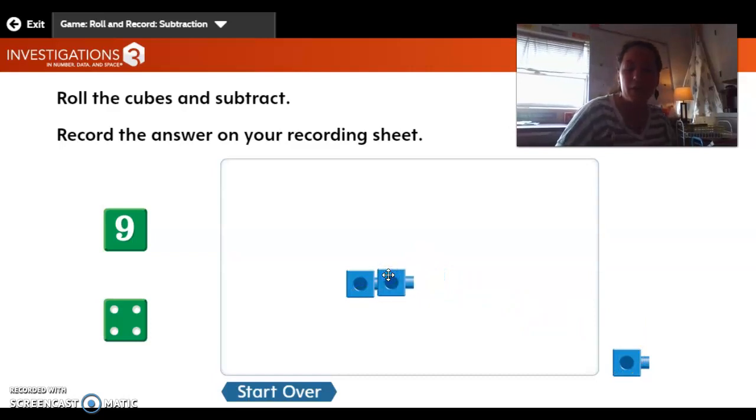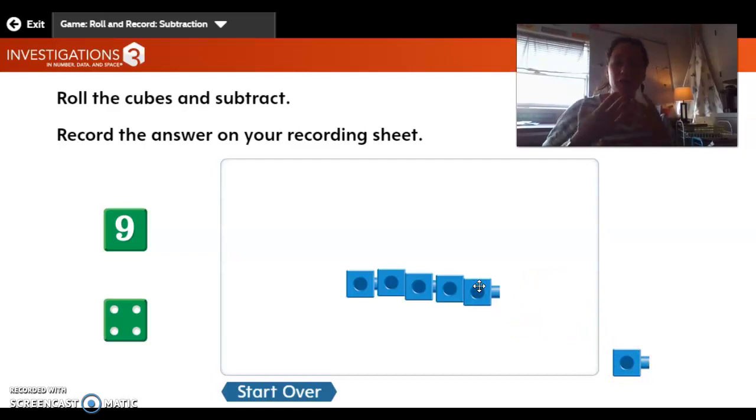You can use the connecting cubes on Savvas, on the game right here, or I'm pretty sure you have some at home. If you don't have any at home, maybe you could go outside and get some rocks. Or maybe you've got pencils at home or marbles. Just use something at home to help you solve this equation.